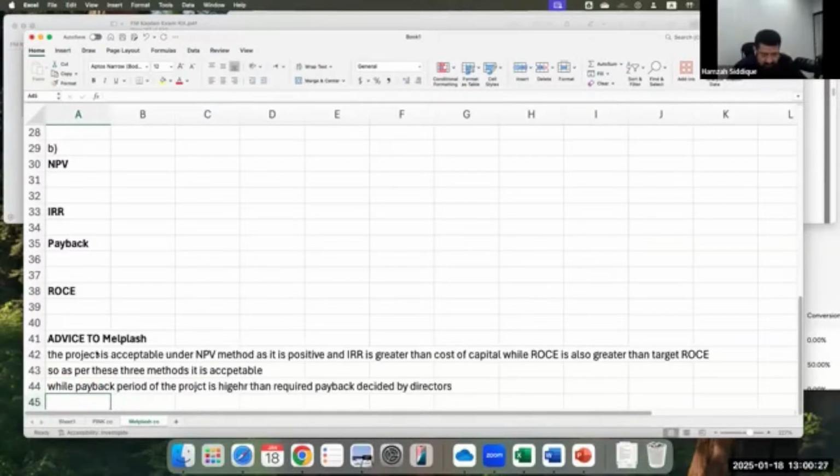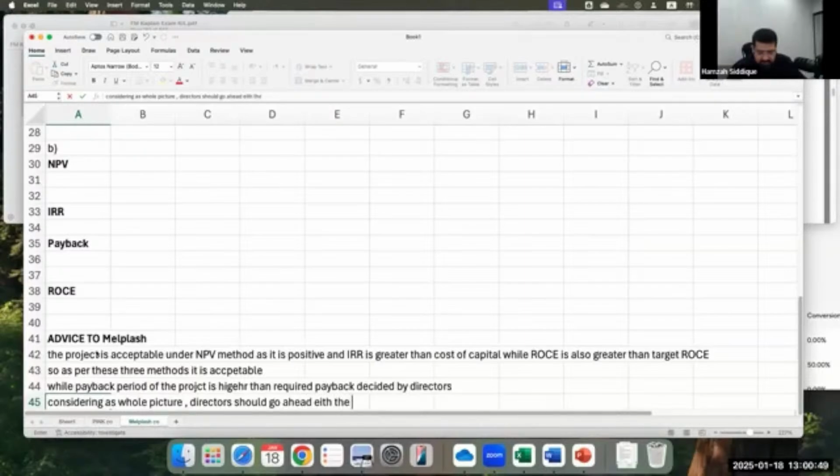So considering it as a whole picture, directors should go ahead with the project as it is financially viable and will lead to shareholders' wealth.